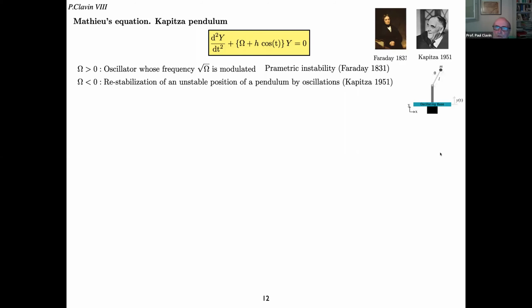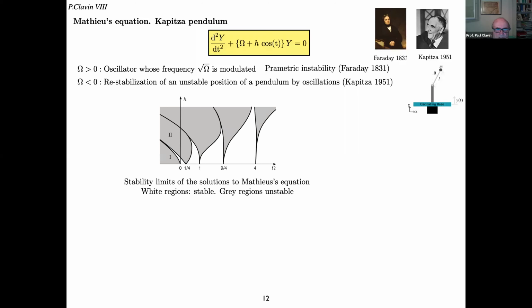So this is just to point out that the Mathieu equation, which is the archetype of the equation for the flame propagating in a tube, describes a very complex situation.